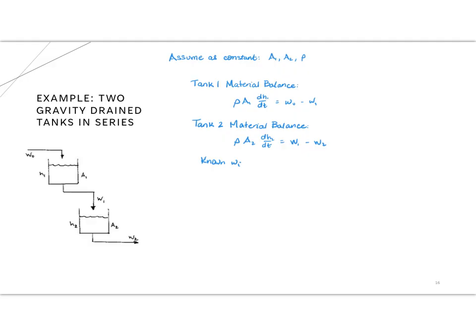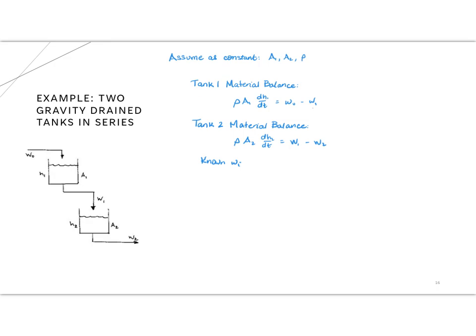Okay. But there are a lot of other cases where maybe I want to add a valve, or there's some sort of special device, a pump maybe. In those cases, perhaps I know the flow rate coming out.